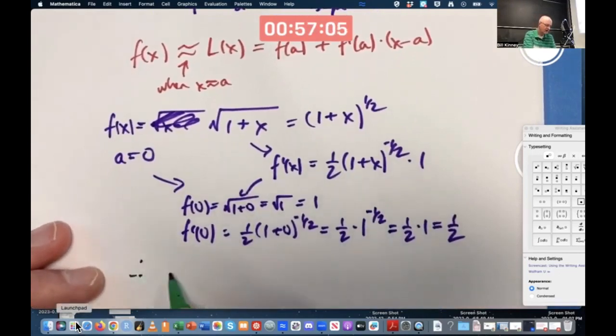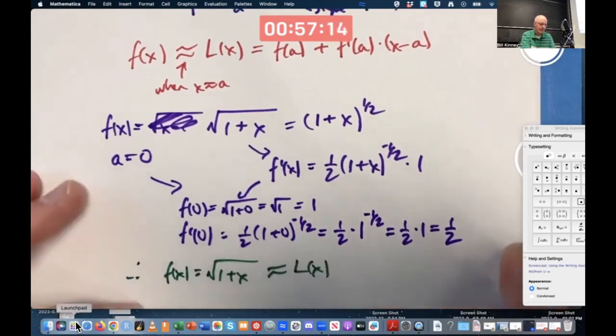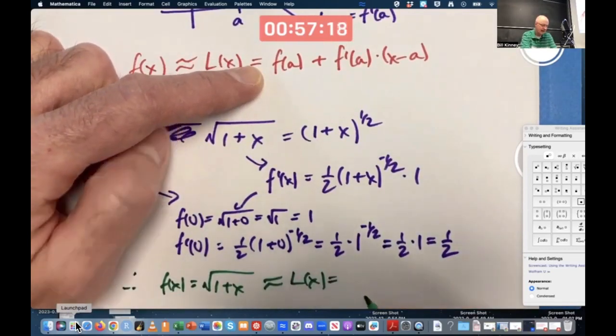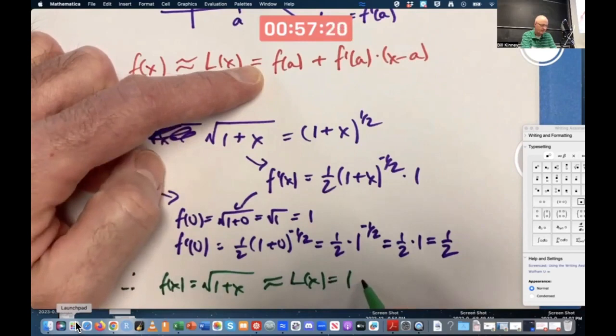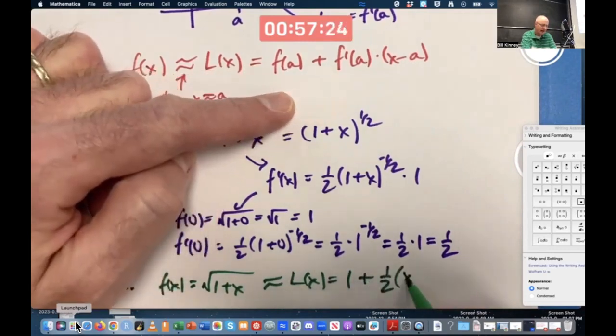Therefore, the original function f of x, square root of 1 plus x, is approximately L of x. Using this formula, L of x equals f of 0, which is 1, plus f prime of 0, which is 1/2, times x minus a, where a is 0.